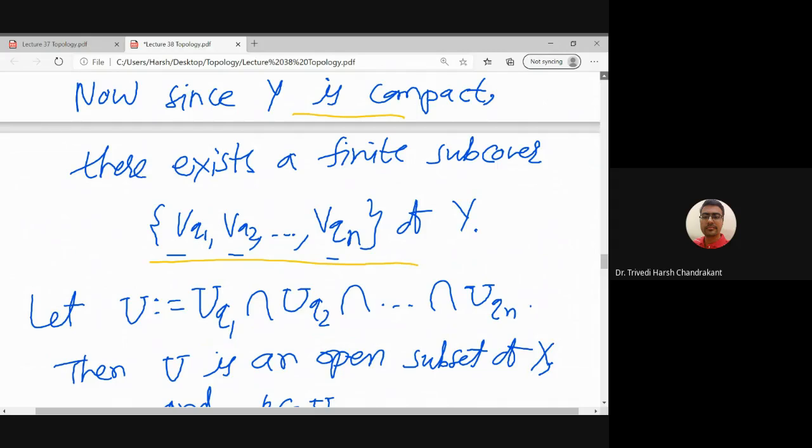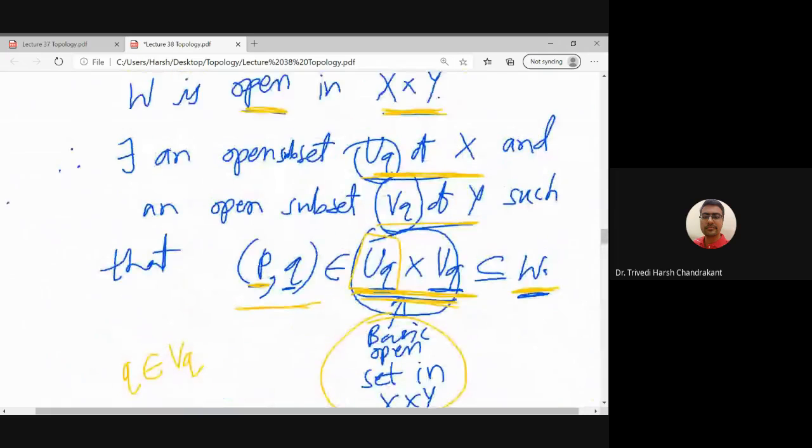So now basically we got Y is the union of Vqi, i running from 1 to n, and corresponding to this Vq1, Vq2, ..., Vqn, we have also sets Uq1, Uq2, ..., Uqn. That is coming because of our choice, that whenever I have Vq, I have also the corresponding Uq.